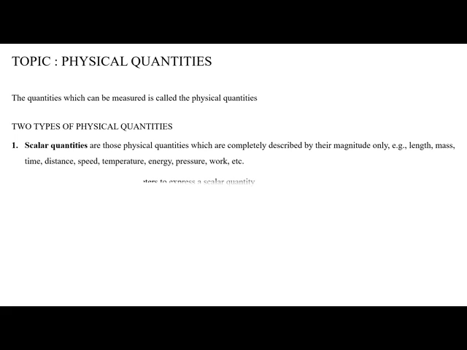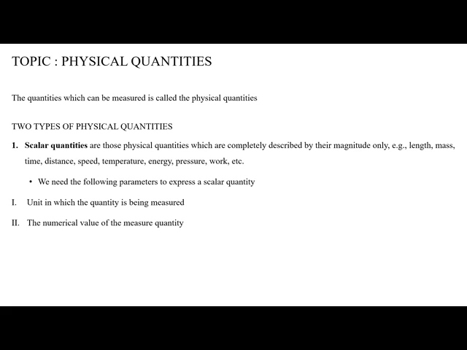There are certain parameters to express a scalar quantity. Basically there are two things. The first one is the unit in which this quantity is being measured. For length we have meters, for mass we have kilogram, for time we have second, etc. The second parameter is the numerical value of the measured quantity.